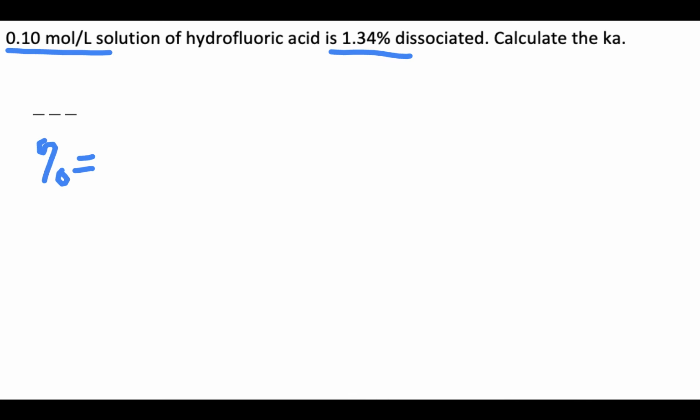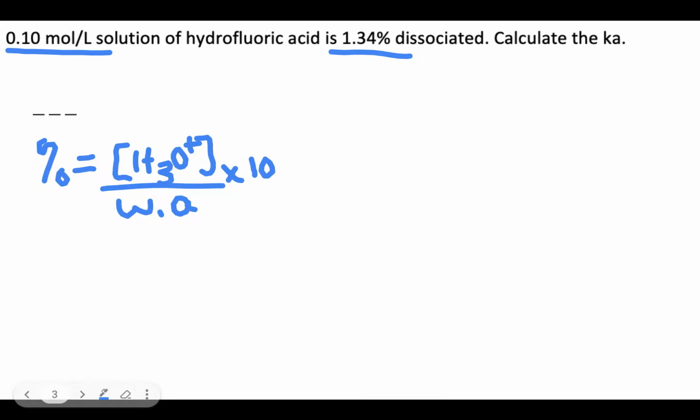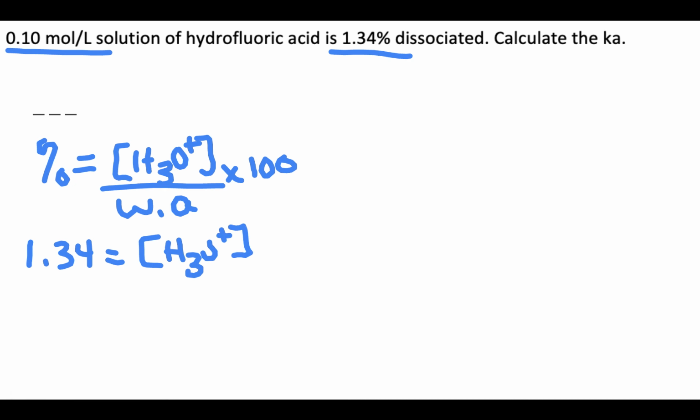So what we want to do first is, if we know that percent formula is hydronium ion concentration divided by the concentration of the weak acid times 100, we can plug all the values in. So 1.34% equals the concentration of hydronium divided by your weak acid, which is 0.10 times 100.